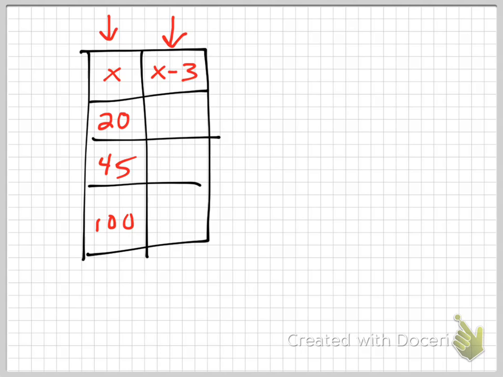What is happening in this column? X minus 3. So whatever x was, what's going to go in this column is minus 3. So since this over here is x, and it's 20, over here is x minus 3, which would be 20 minus 3, which is 17. Agreed? If that's true following that same pattern, if this is 45, what belongs in here? 42. Right? And if this is 100, what belongs in here? Make sense? Does that make sense? Try one.